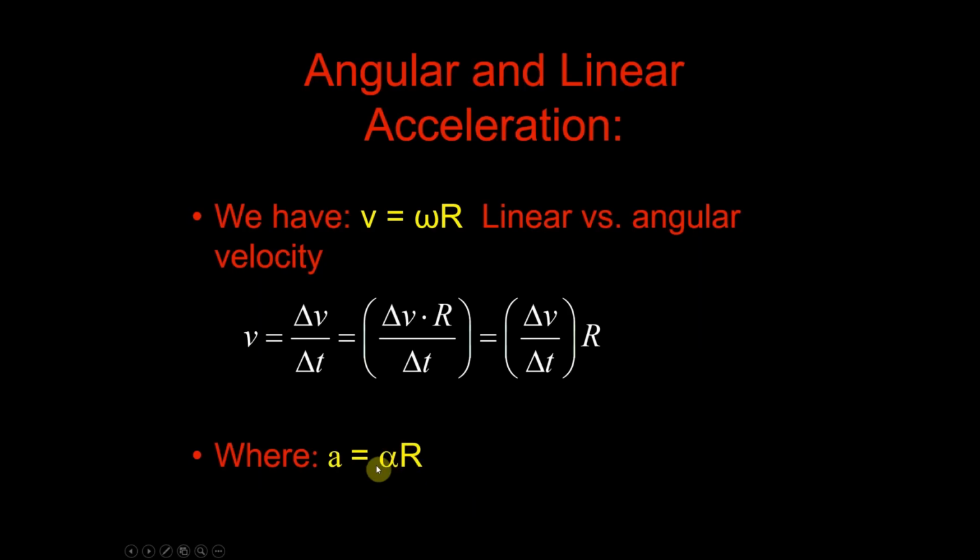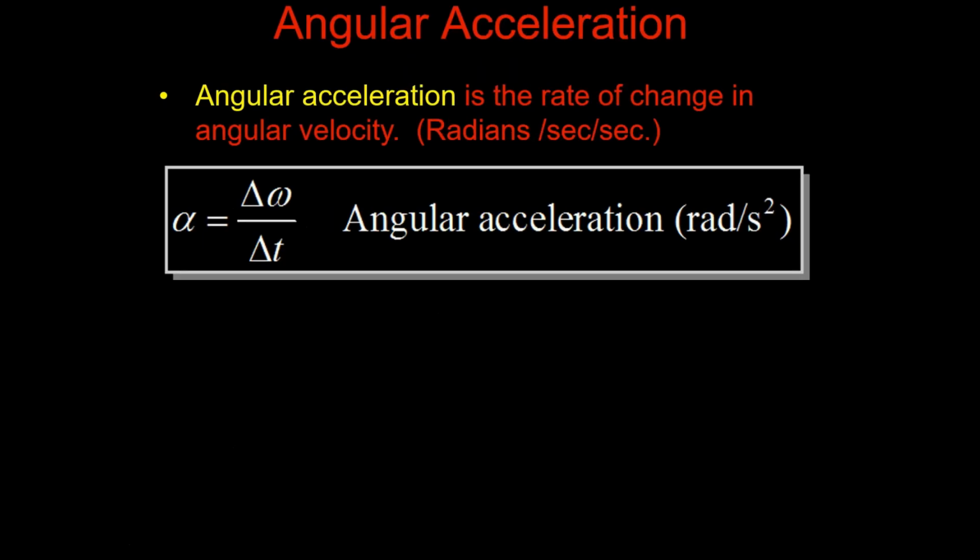This alpha here is an angular acceleration. This a is a linear acceleration. And so the angular acceleration is defined as the rate of change in the angular velocity in radians per second per second. And that is alpha.